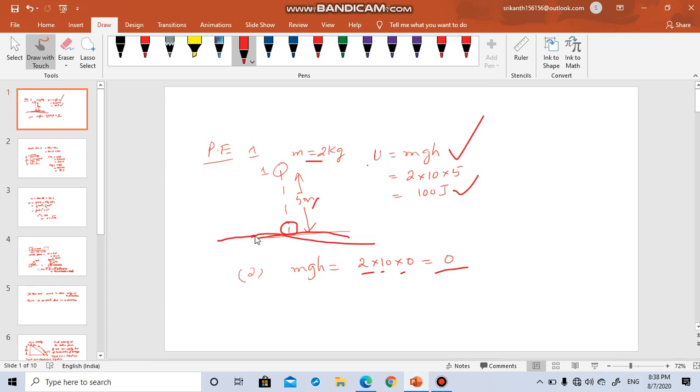Here I have taken ground as the reference line. And you should always consider the vertical height, not the inclined height.